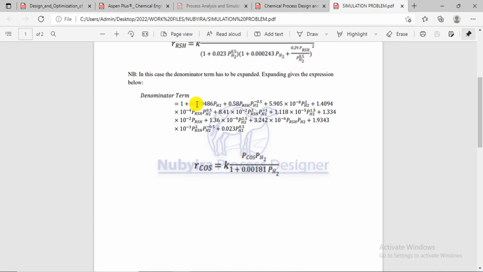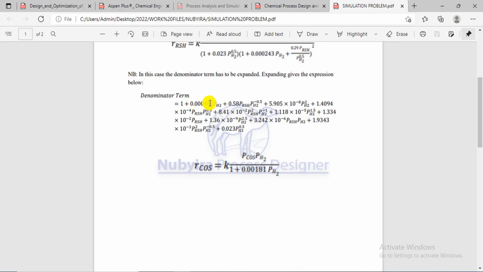It doesn't have any value for activation energy. So in this case, activation energy will be 0 for this particular term, because it just stops at the first value, which is K. There is no E raised to a power. So you'll be specifying only the A value for this particular term.